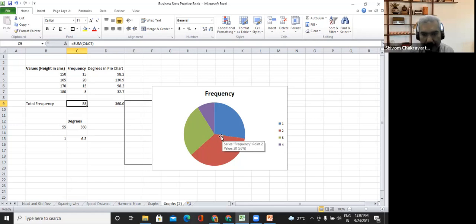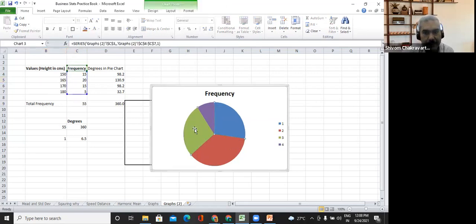So this brown portion corresponds to 165. Similarly, the other values: 175 is represented by this green portion, and 180 by this violet portion.